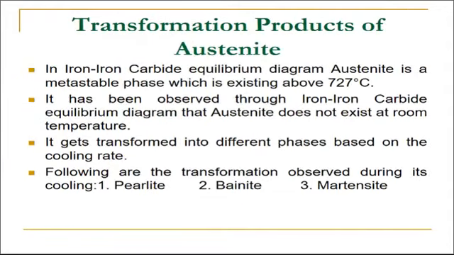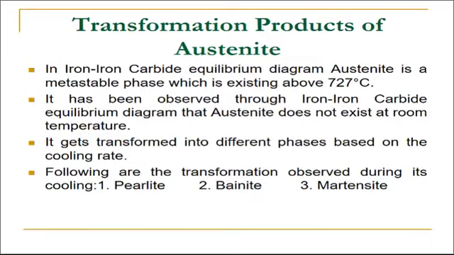Let us start with the fundamentals of the heat treatment process. It starts with the transformation products of austenite. We know that in the iron carbide equilibrium diagram, austenite is a metastable phase which exists above 727 degrees Celsius.